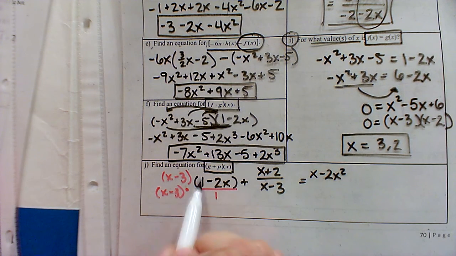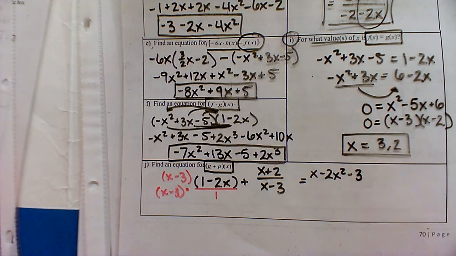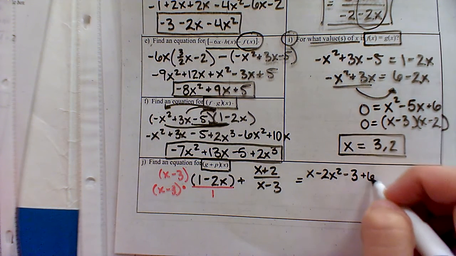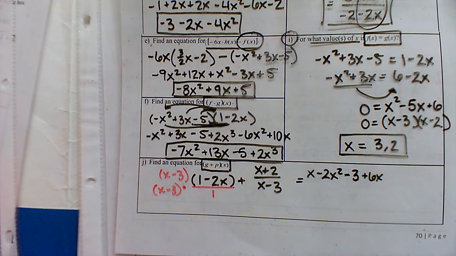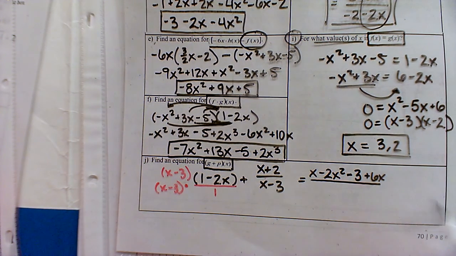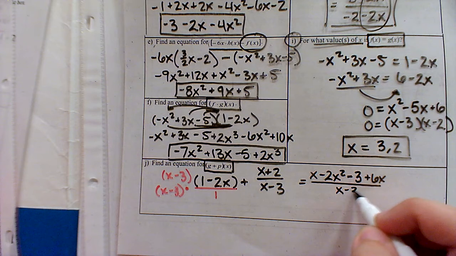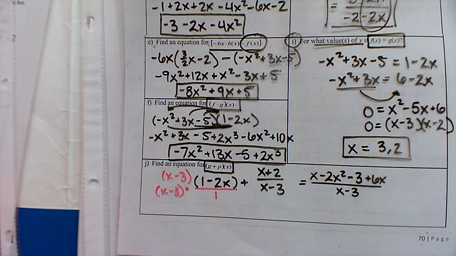Then we have negative 3 times 1, and then negative 3 times a negative 2x would give us a positive 6x. All of this is now over x minus 3 times 1, which is just x minus 3.